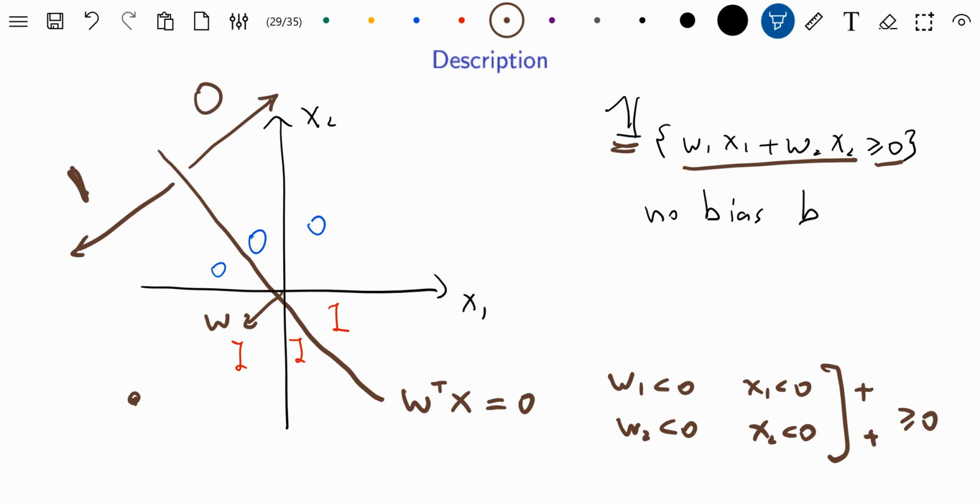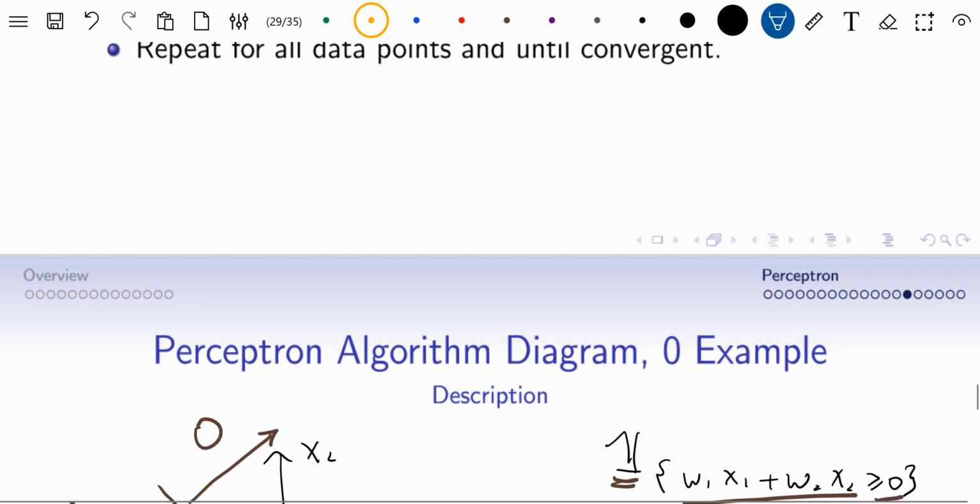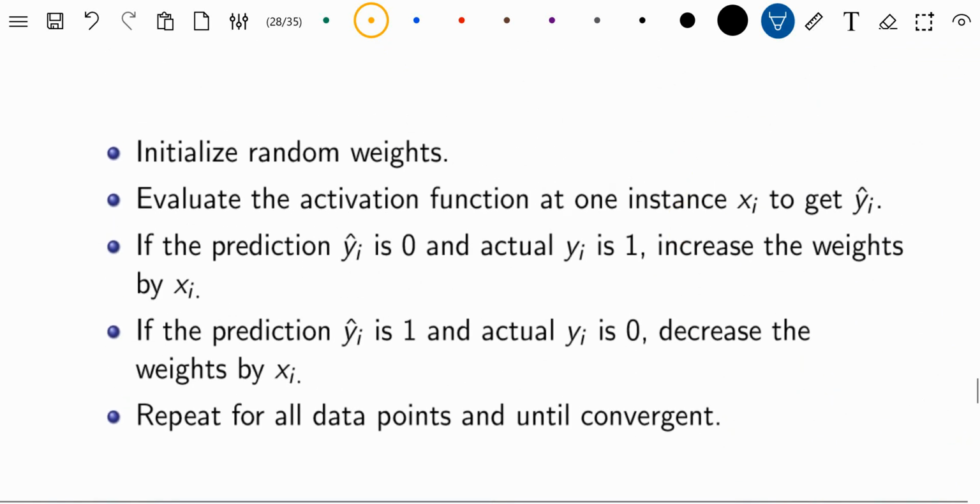So given the training data points, this one is labeled incorrectly, and this one is labeled incorrectly. So let's pick one. Let's pick this one and see how to use this to update the W. So if we go back, the actual Y is 1, the predicted Y is 0.